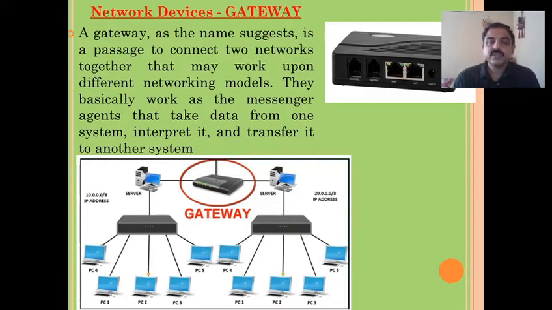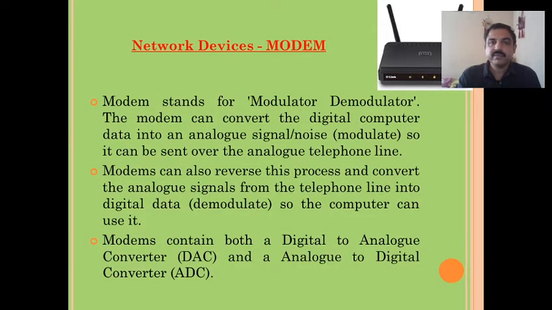So this is the picture of a gateway. In a bridge, two different LANs are joined together, and here two different networks, that is, different kinds of networks with different networking models, are joined in a gateway. So if you want to join different kinds of networks together, then you need a device called a gateway.